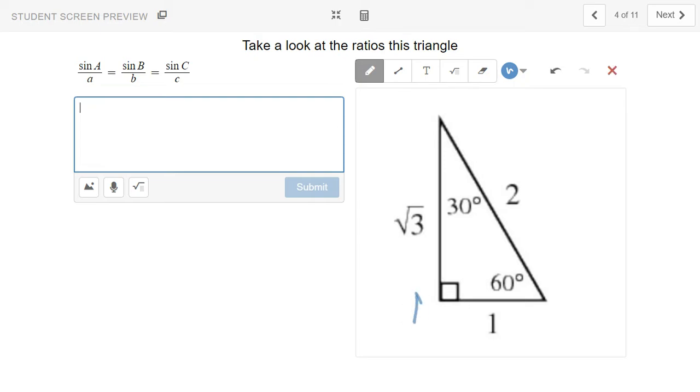So let's call this A. We have little a, B, little b, and C, little c. So sine of 90 divided by 2 should be equal to sine of 30 divided by 1, and it should be equal to sine of 60 divided by root 3.